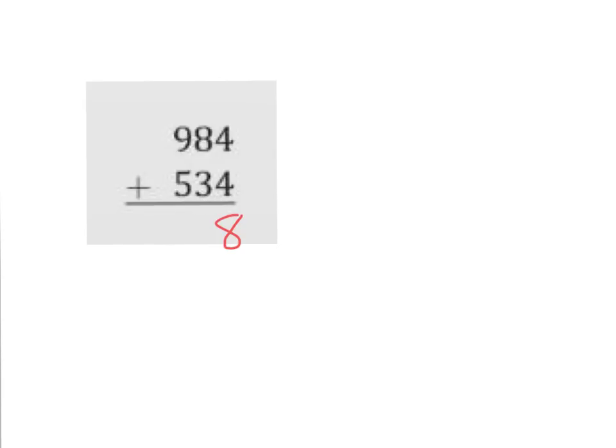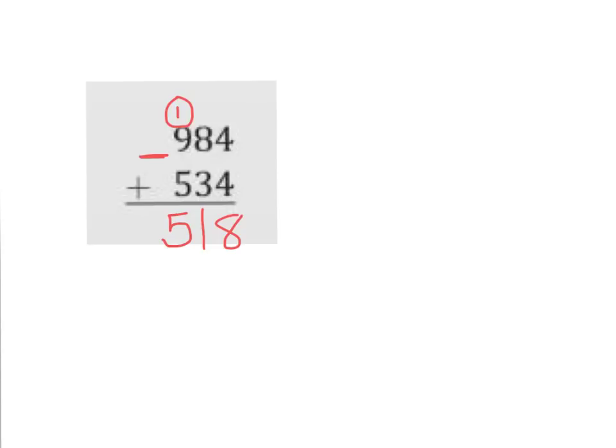So I'm going to place my 1 down, and I'm going to regroup and carry my 10 over to my hundreds place. So I know that 9 plus 5 is 14, plus this 1 that I carried over is going to be 15. So I'm going to place my 5 down, and there's no thousands place right here to carry my 100 over.